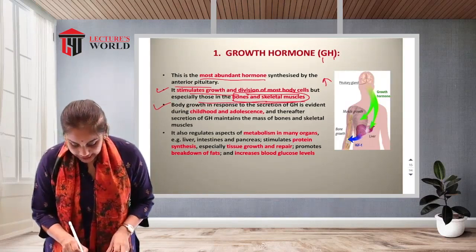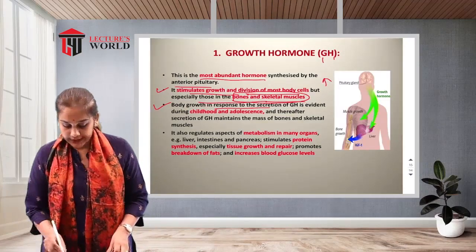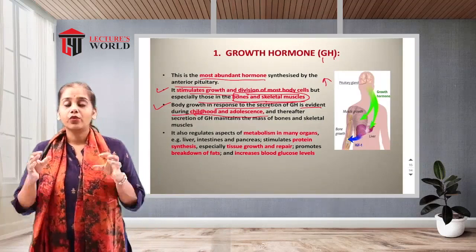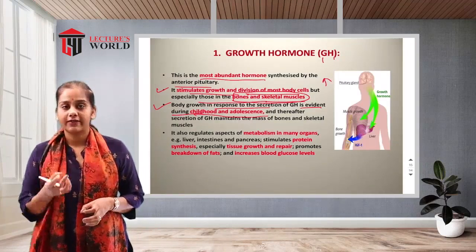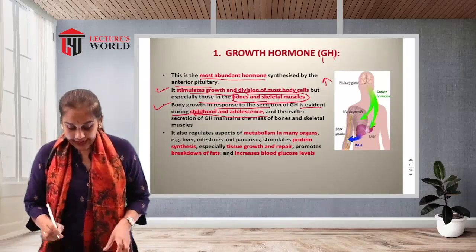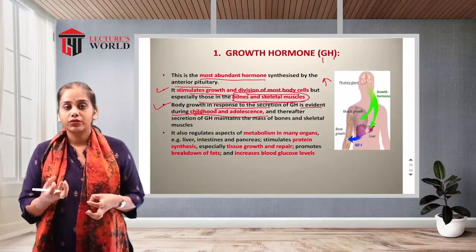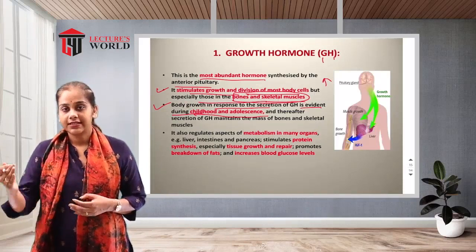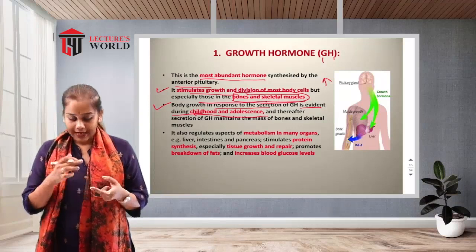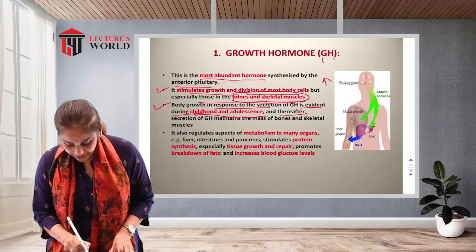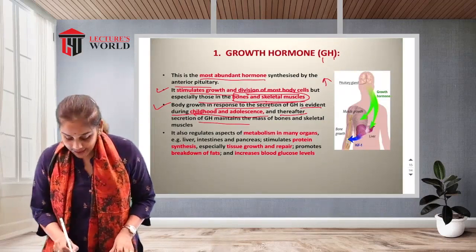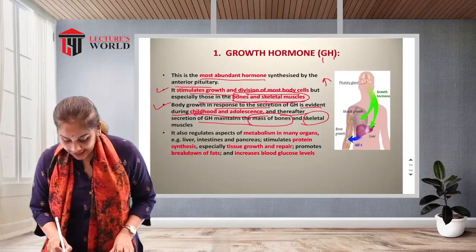Body growth in response to the secretion of GH is evident during childhood and adolescence. Why? Because at that time more growth and transitional changes occur. After that, the secretion of growth hormone maintains the mass of the bone and the skeletal muscles.